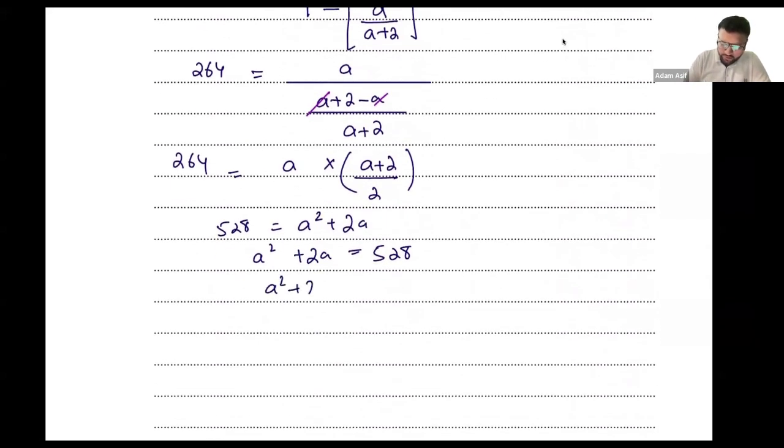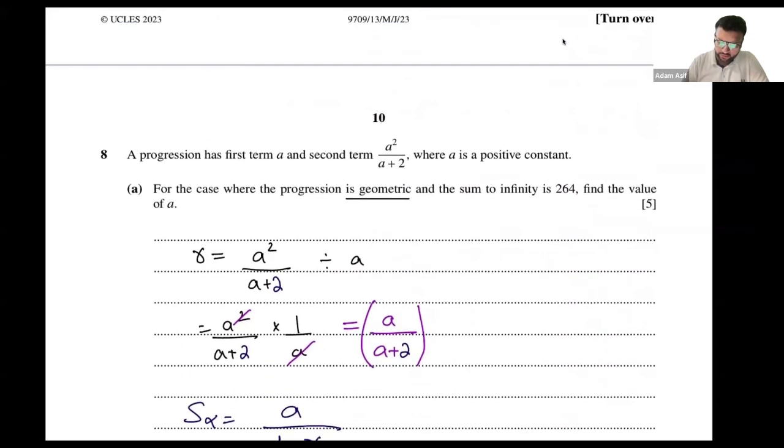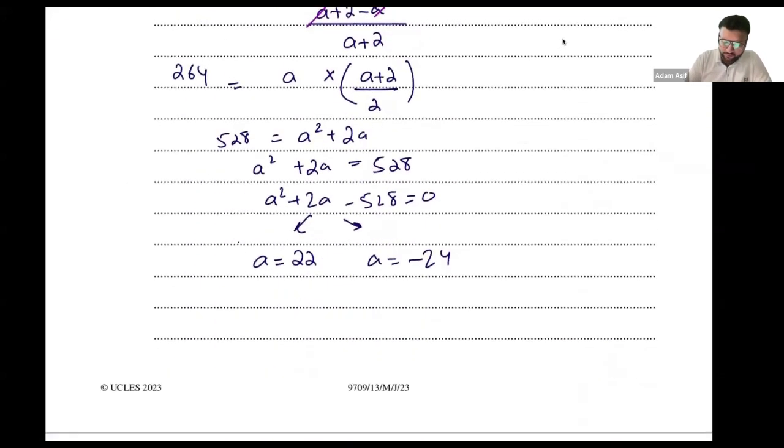Let's solve this quadratic equation. We'll be getting two values of a. What are those? One value is 22 and the second value is minus 24. Now, what was a over here? A is a positive constant. So the only correct answer would be a equals 22.